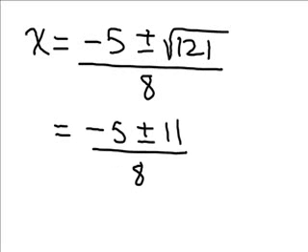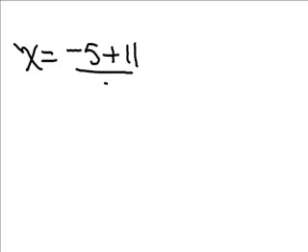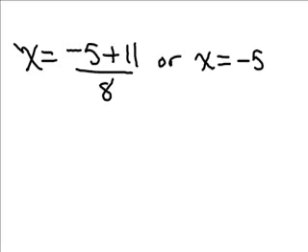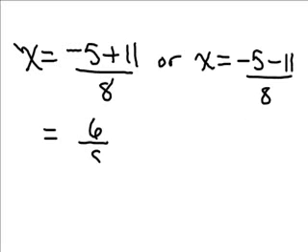And again, that's a shortcut for x is equal to negative 5 plus 11 all over 8, or x is equal to negative 5 minus 11 all over 8. And we can now continue. Negative 5 plus 11 is 6. 6 over 8 simplifies to 3/4.